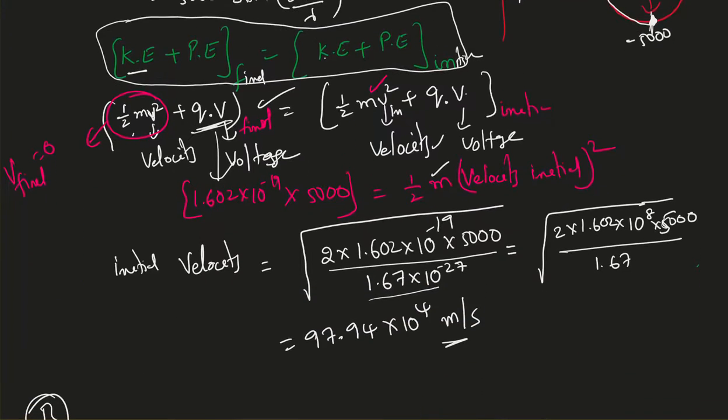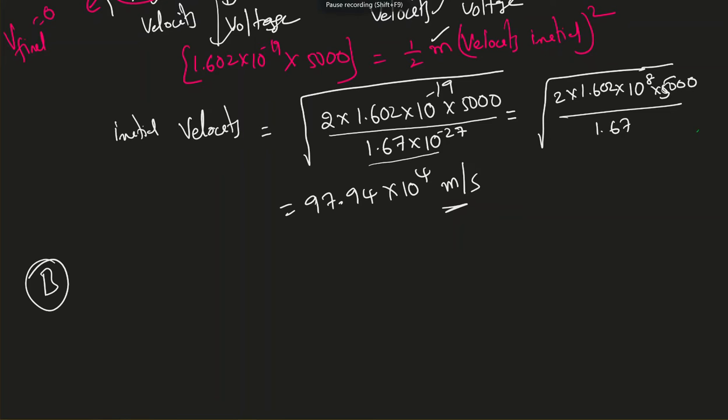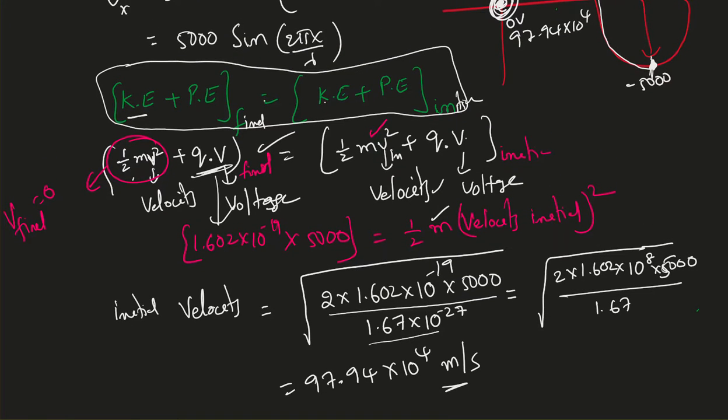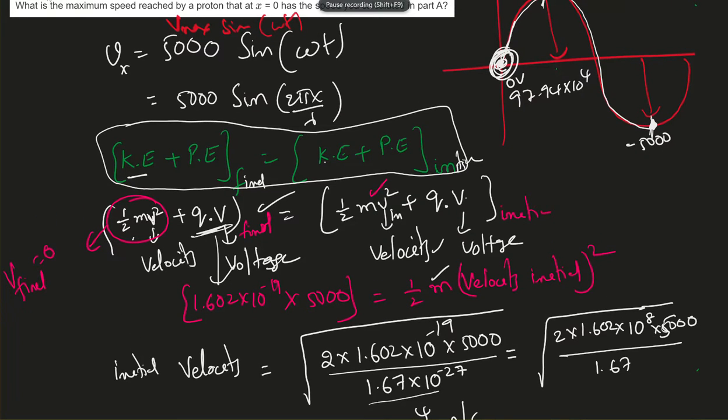Okay, so in part B, the final velocity must be, I'm going to use the same formula, KE plus PE final equal to KE plus PE initial, but it's going to be reversed because you have potential energy there, but kinetic energy is going to be 0. Same thing when it reaches here, vice versa.